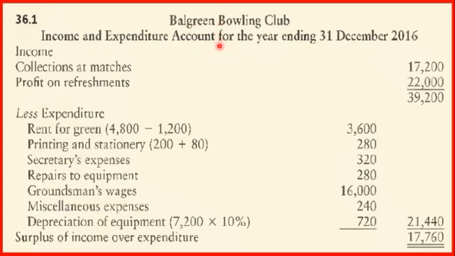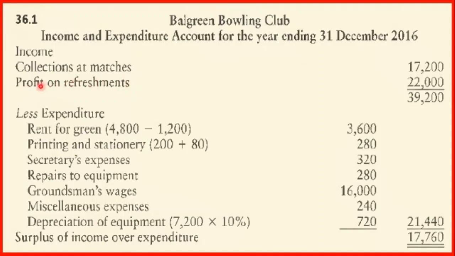Like I said, I took this from my English textbook, not a CXC textbook. So they can head it up this way. We still have to go with our who, what, and when. Okay, the income from this is collection at matches and profits on refreshments, right?